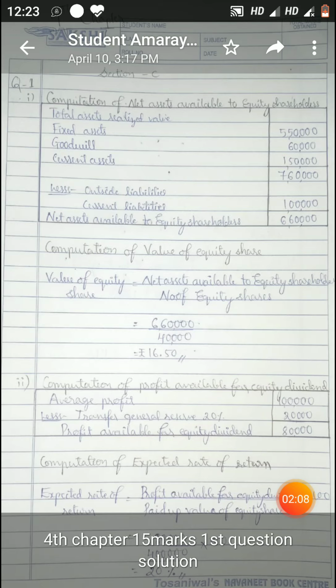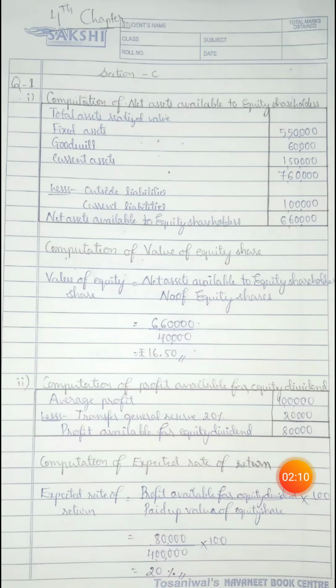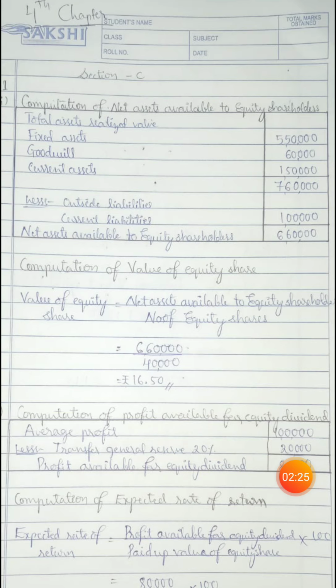First, we'll start with computation of net assets available to equity shareholders. Here, we'll first take total assets at realized value. Fixed assets have been realized by 5,50,000, goodwill 60,000, current assets 1,50,000.